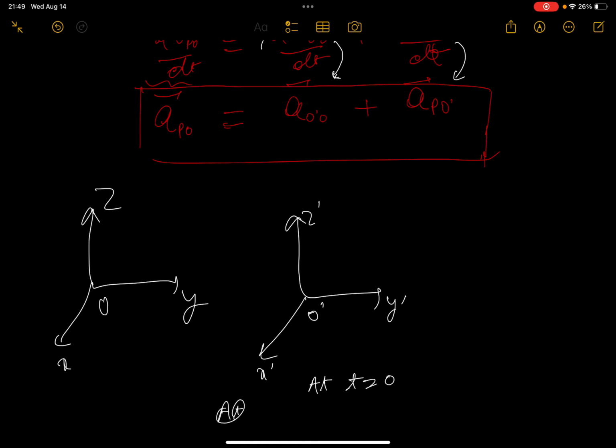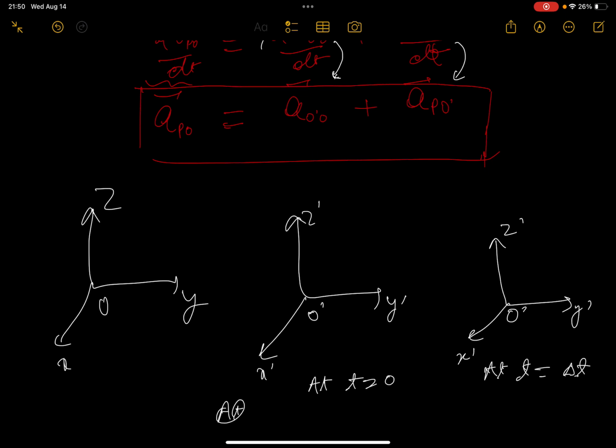At a later instant, at t equals any delta t, it will still be oriented in the same way, that is, the x dash, y dash and z dash directions keep the same orientation as before. So they are just translating wherever they go.